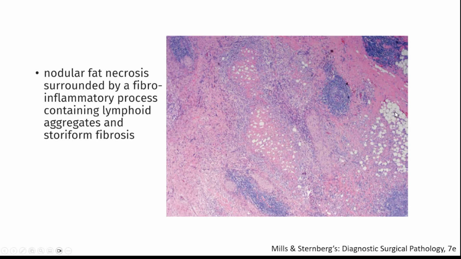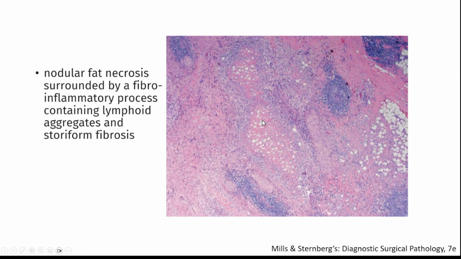Compared to the relatively more normal adipocytes, which are back-to-back together with no thickening of stroma between them, in this nodular fat necrosis we can see hyaline sclerosing material between individual adipocytes. And the sizes of the adipocytes are different. Some adipocytes are bigger, some are smaller.